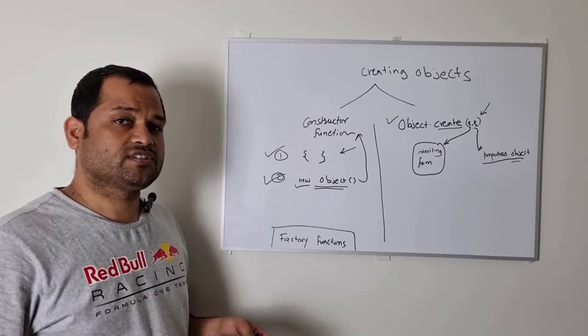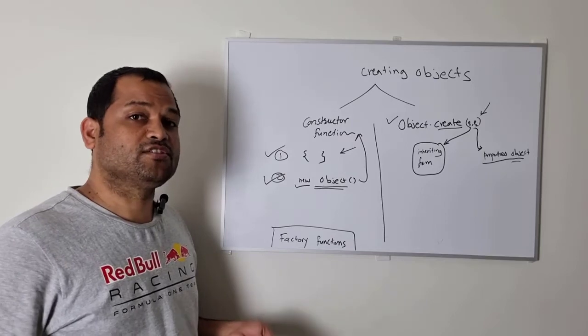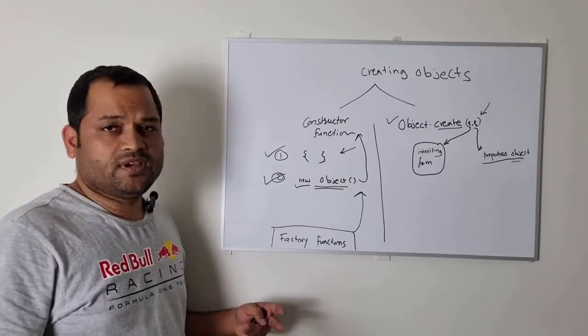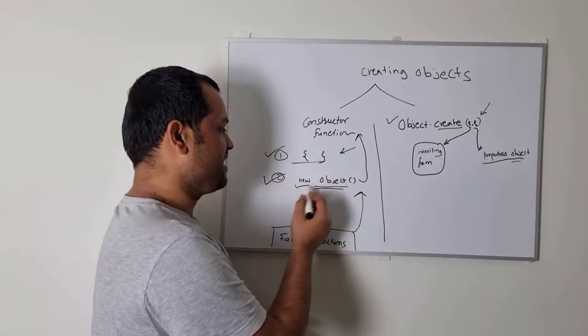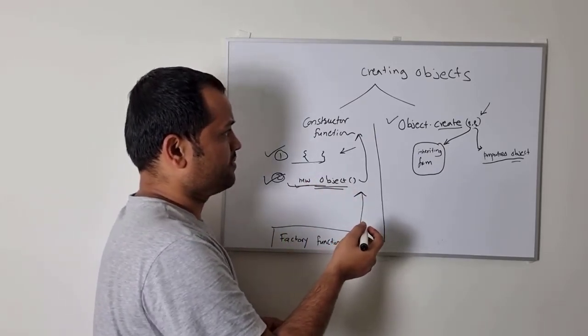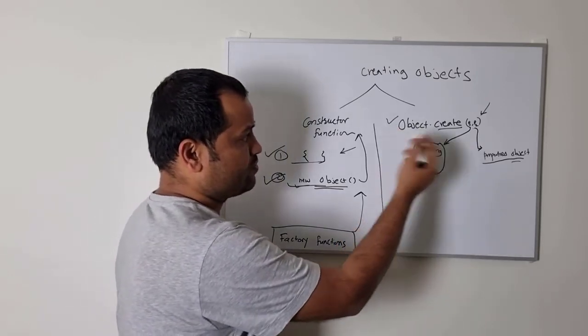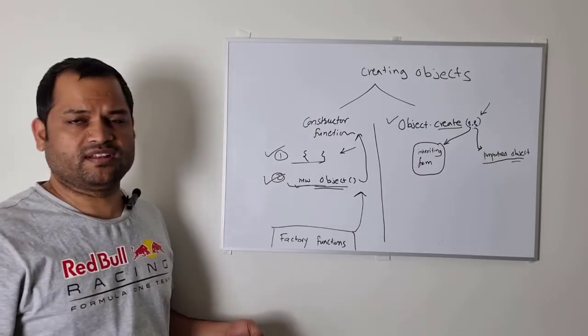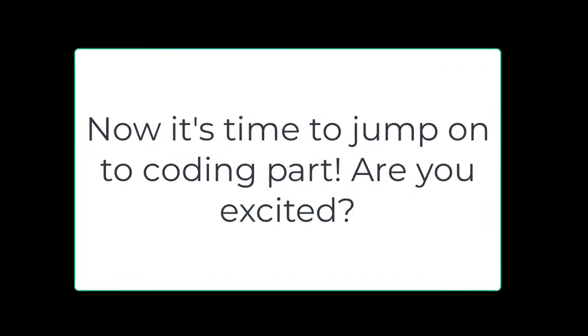The reason it is called a factory function is because it is a factory of objects, it is generating objects. Factory functions can create objects by using the literal syntax, or new Object, or another constructor function, or it can also use object.create. So it depends, we can create objects in any of these ways.